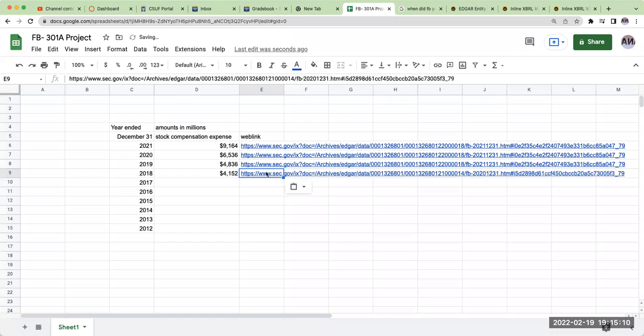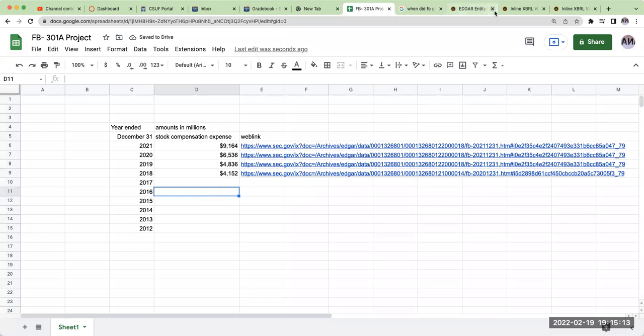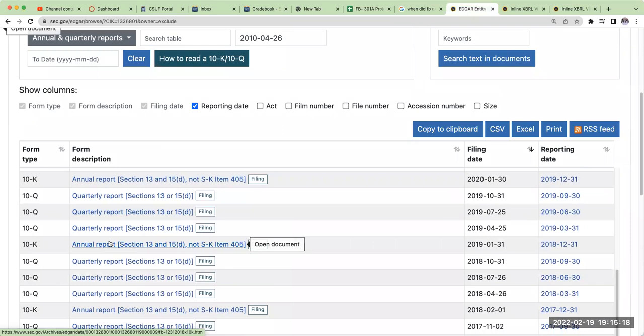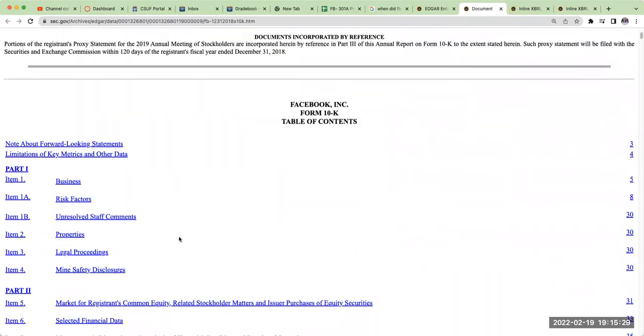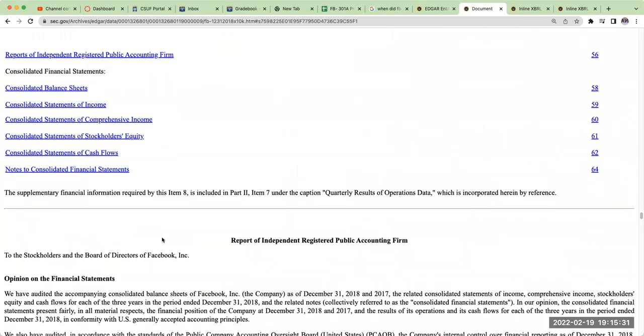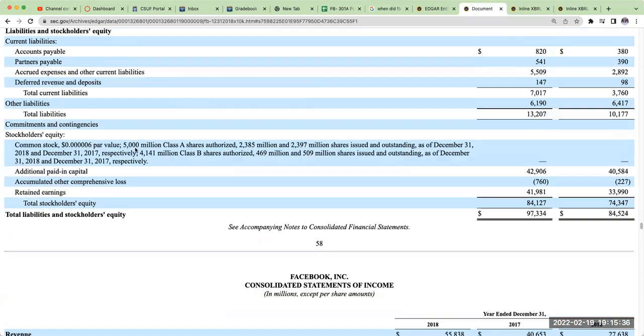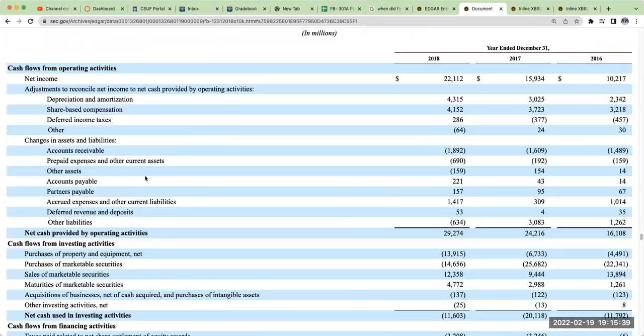When it comes to the 10Ks, I can come down here and skip down a little bit. If I go to the one filed on January 31st, 2019, and go to the financial statements, I should be able to see the share-based compensation: 4152, 3723, and 3218.